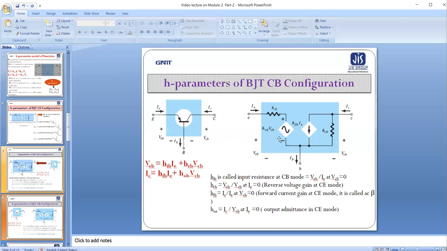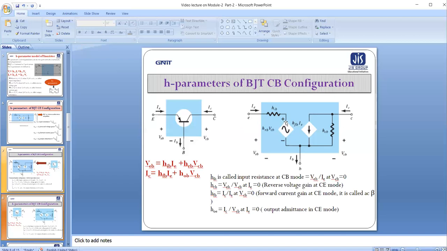So the equivalent hybrid model will look like this. The emitter terminal is the input terminal, which is connected to a resistance. The resistance symbol is HIB, that is common base. Then this is the voltage source.